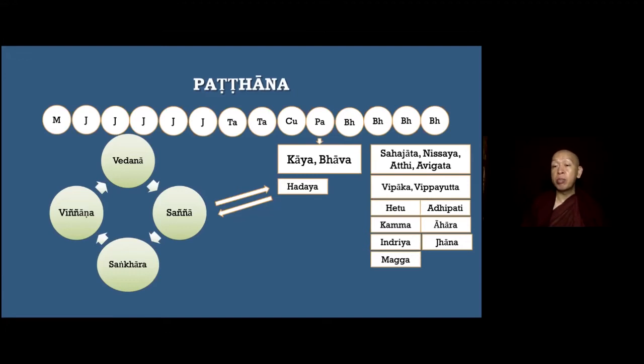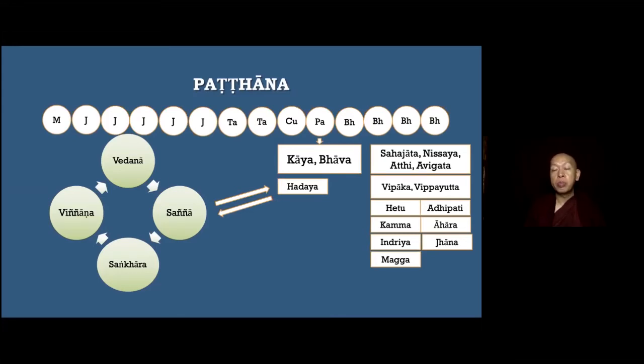Sa means together, jata means arising. They arise together, but they don't perish together. Nissaya: the mental aggregates depend on hadaya, and hadaya also depends on mental aggregates. Without mental aggregates, heart materiality alone cannot arise.